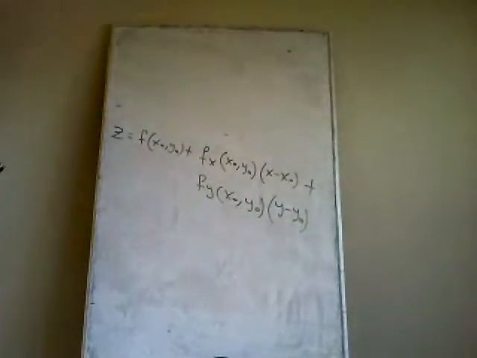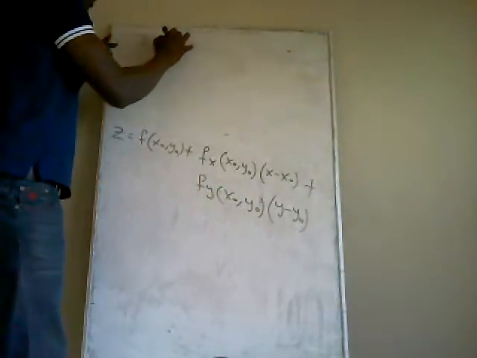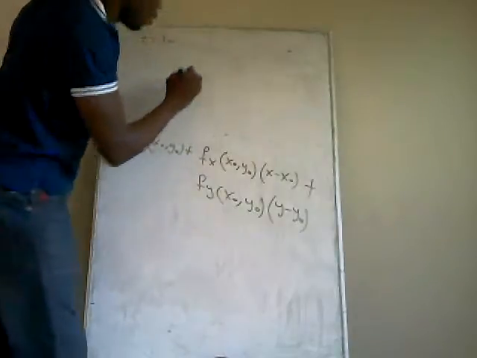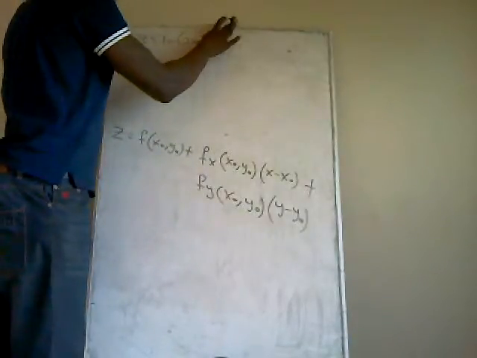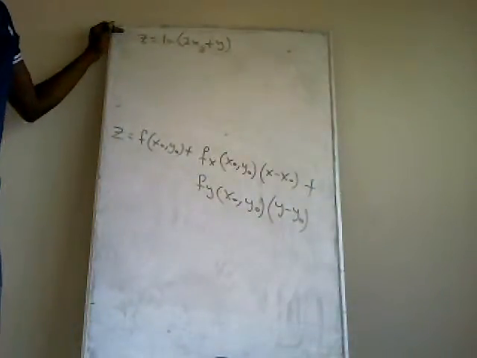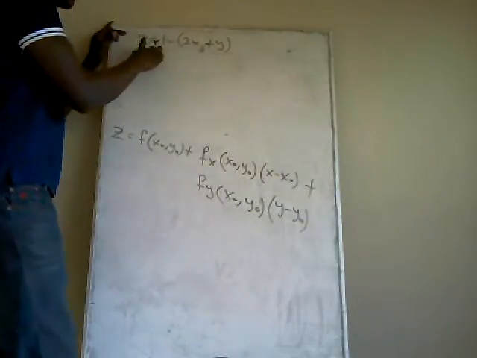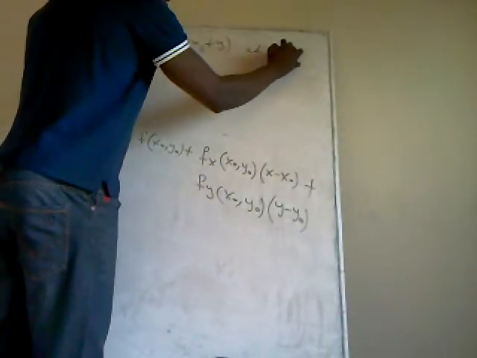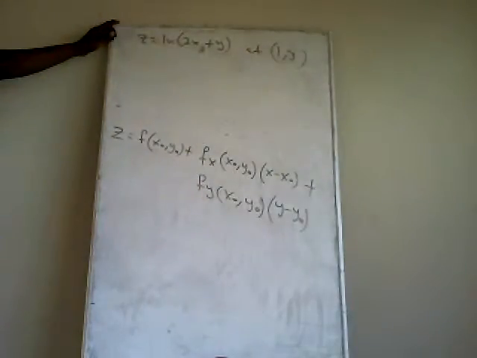If our surface is z equals the ln of 2x plus y, we want to find the equation of a tangent plane to this surface at the point -1, 3.